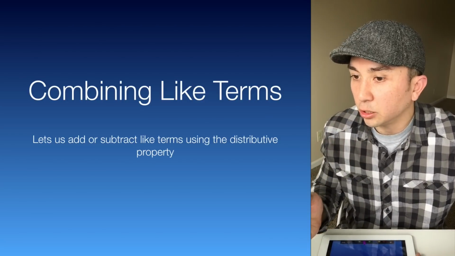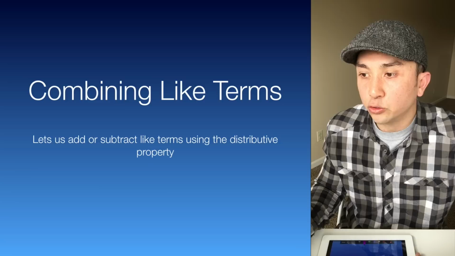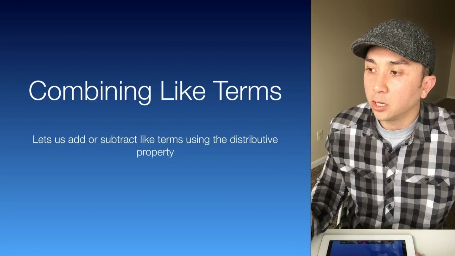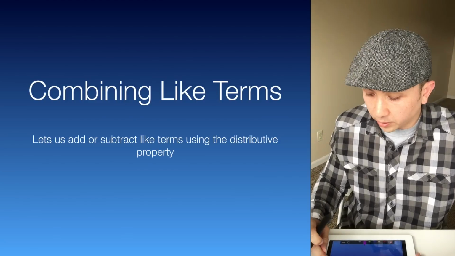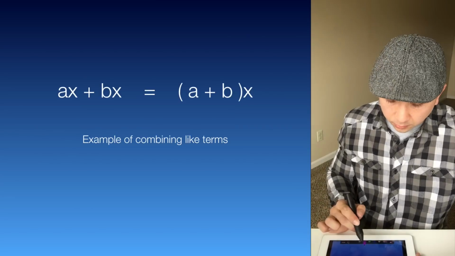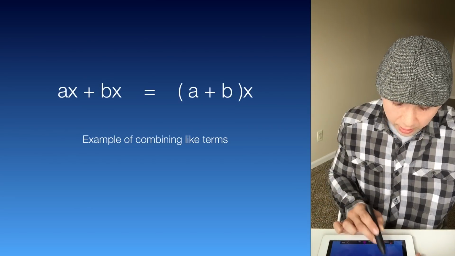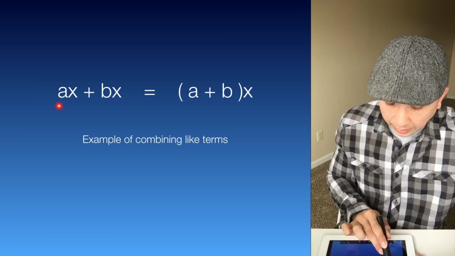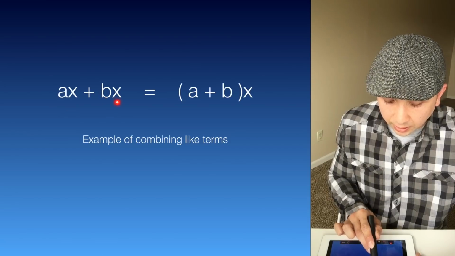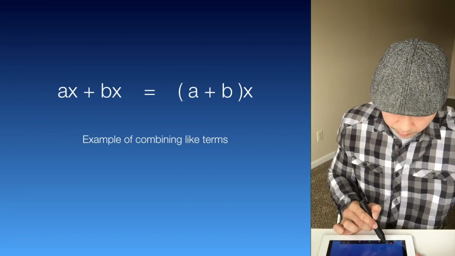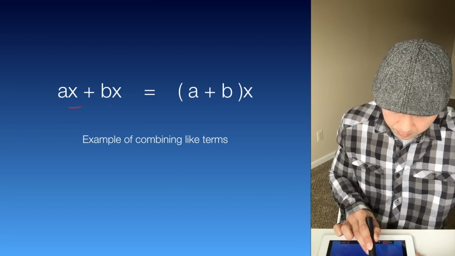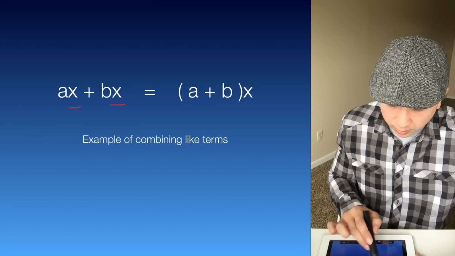Now combining like terms lets us add or subtract like terms using the distributive property. So here we have ax plus bx, and our like terms are x raised to the first power.